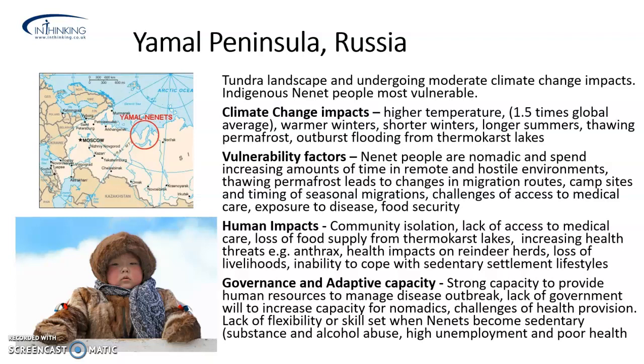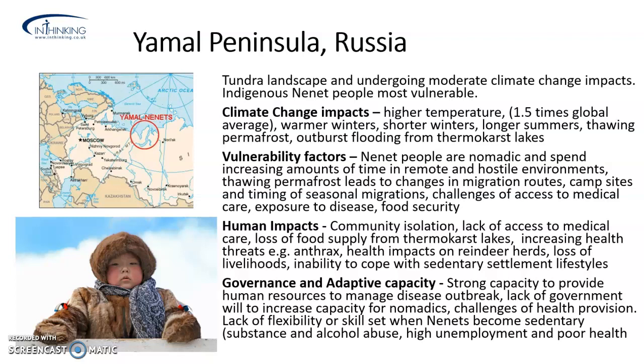And for the Nenets people, if they're increasingly being placed in towns and taken away from their nomadic lifestyle, well, then they're exposed to the social issues that arise: substance abuse, alcohol abuse, high unemployment, and the poor health that goes with those kinds of social problems. So this is an indigenous group of people.